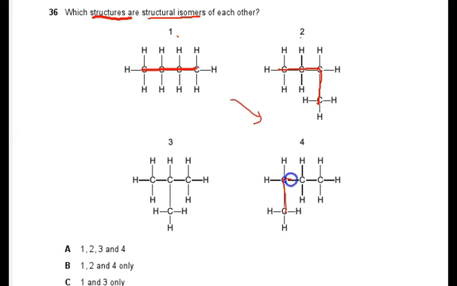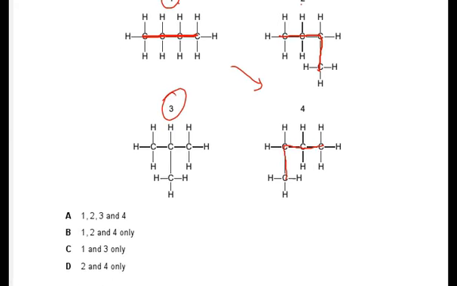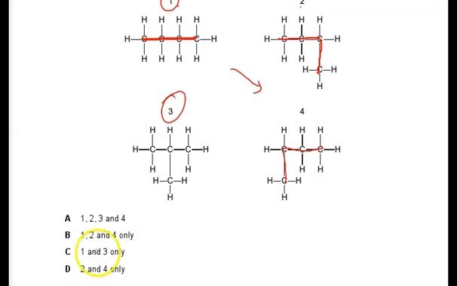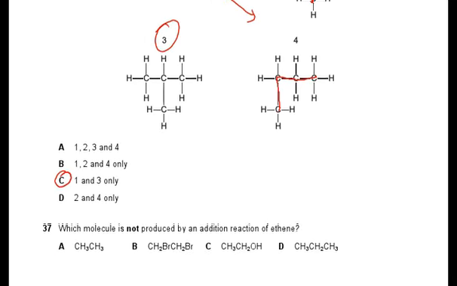We have a 4 carbon as the longest chain. So the only option here we have is 1 and 3 as your option. So now let us look at the answer. Yes, 1 and 3. So 1, 2 and 4, they are not isomers, because they are basically the same.